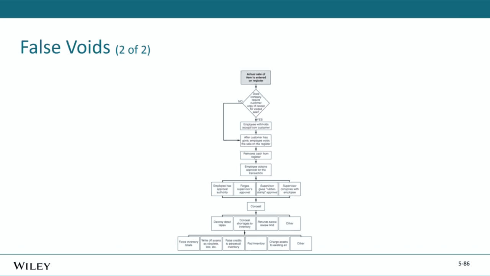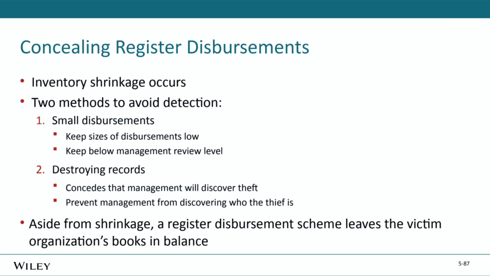So how do you conceal those registered disbursements? You're going to have inventory shrinkage. True, but two methods to avoid detection. Inventory shrinkage is usually written off to things like shoplifting.